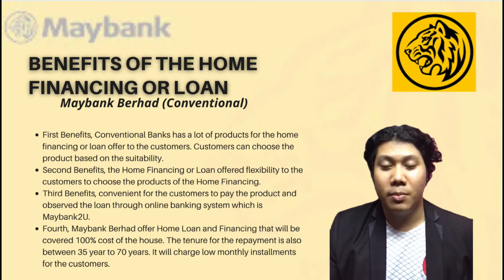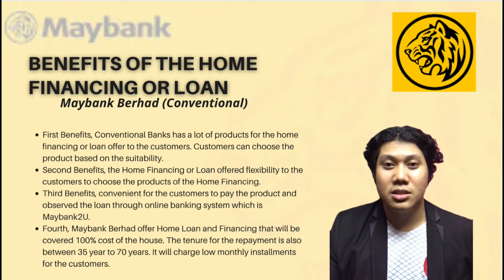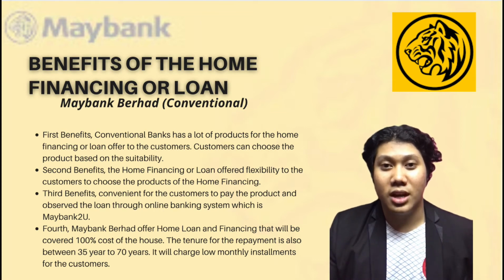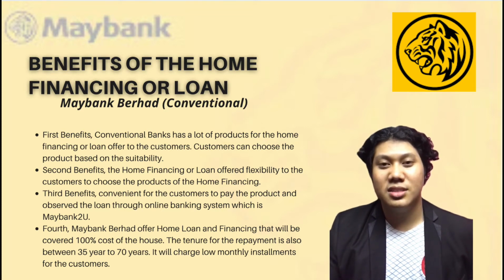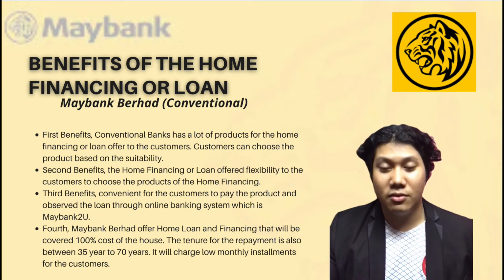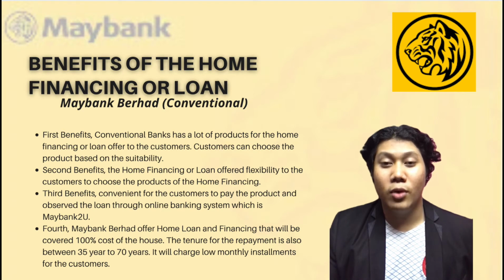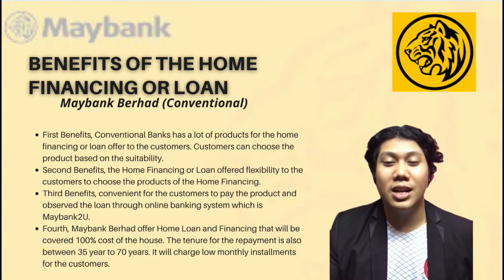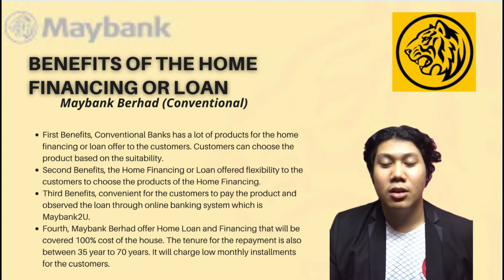Customers can apply or survey the loan or financing suitable for their monthly income or income per annum. So that is the first. Second, for the conventional bank, if you set up a Maybank savings account and apply for the home financing or home loan, it will be linked automatically from your savings account.